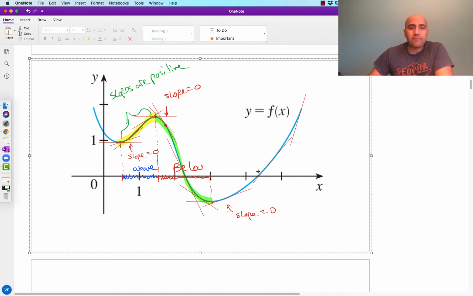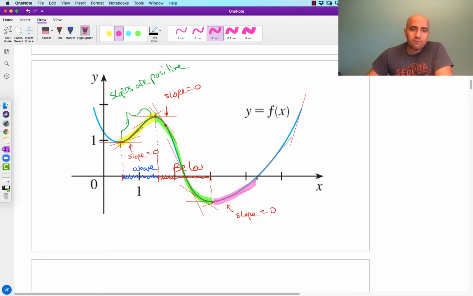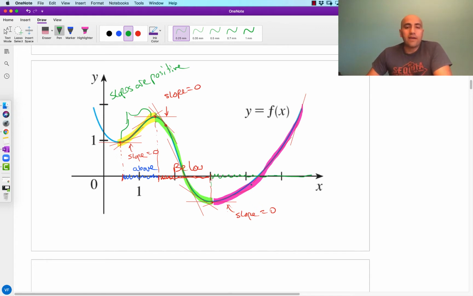So if I think about this portion of my graph, and I translate it back to a portion on the x-axis, in this portion of the x-axis, when I graph my derivative function, the derivative function should be above the x-axis. They should have positives, right? The slopes are all positive here.